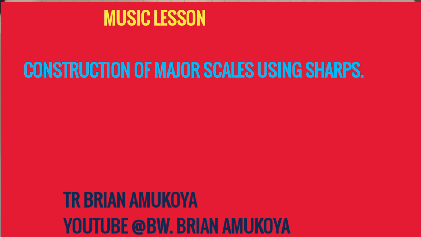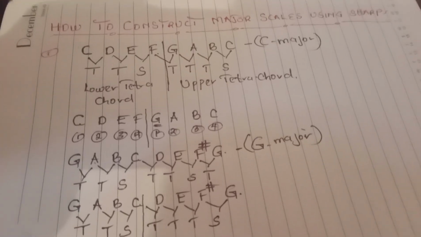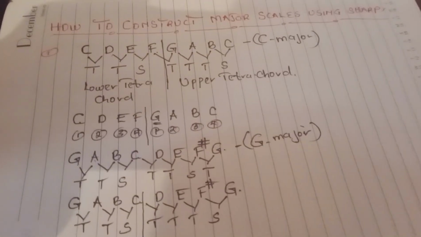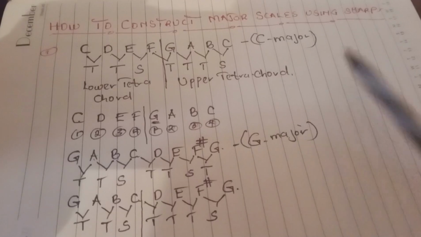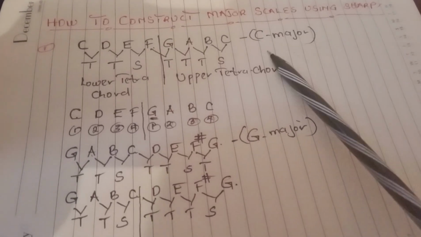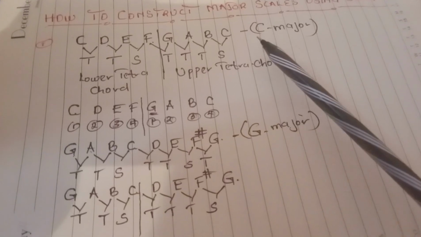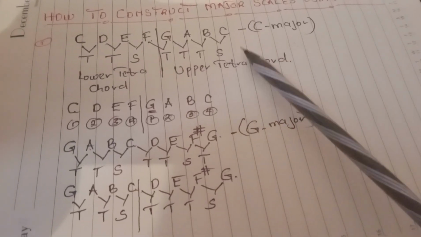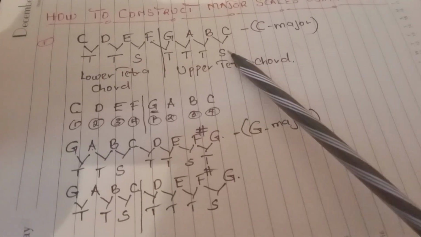So let's start. For us to construct these major scales, there is somewhere we need to start from. So we are starting from the C major scale. The scale of C major follows the rule of tone and semitone, as you can see.